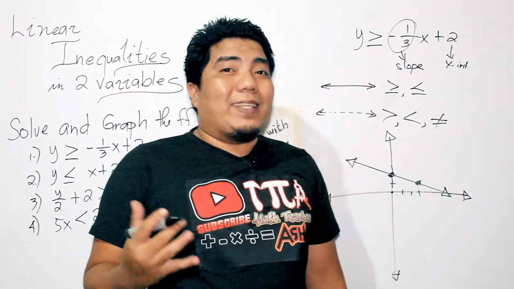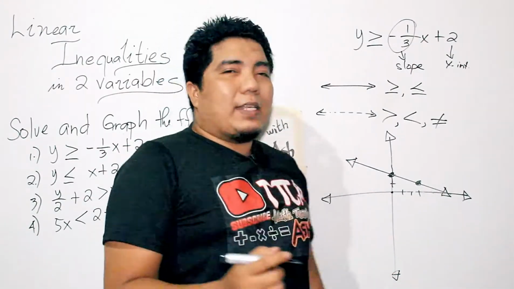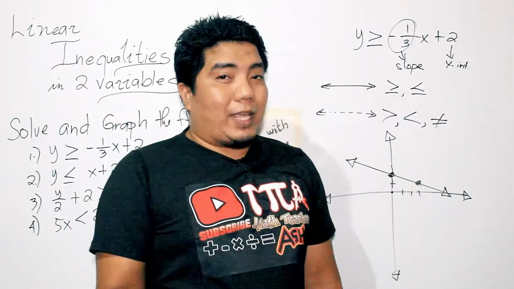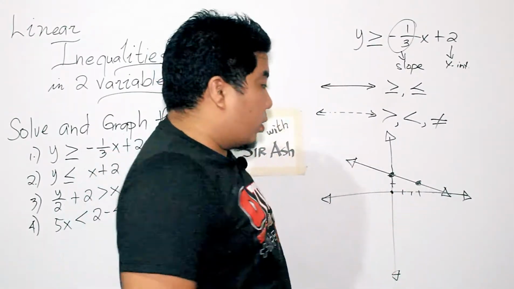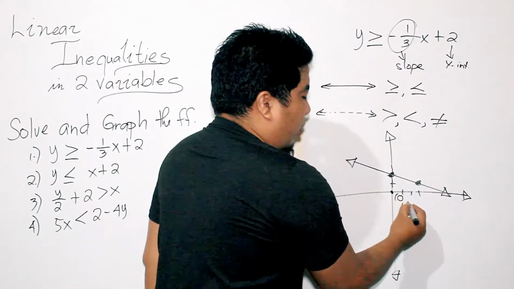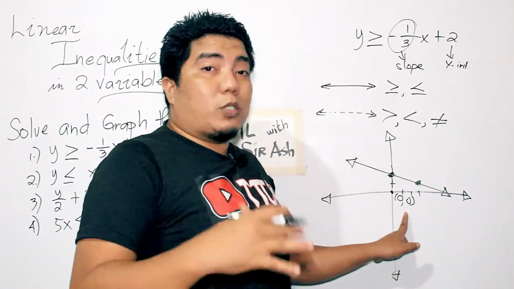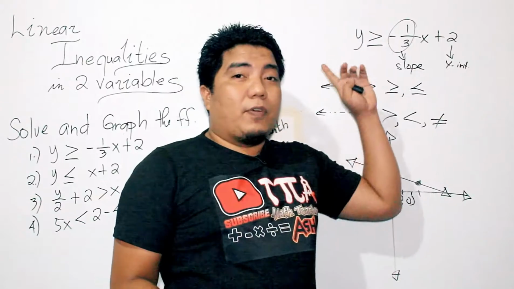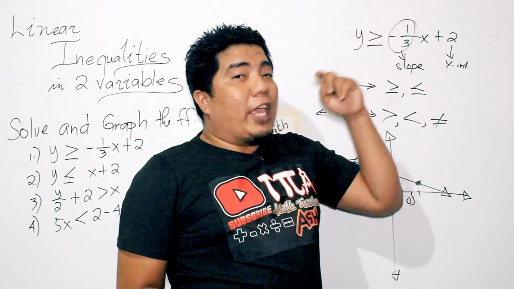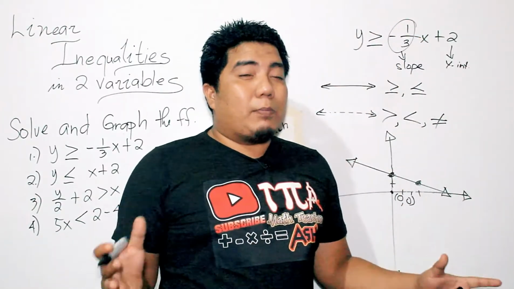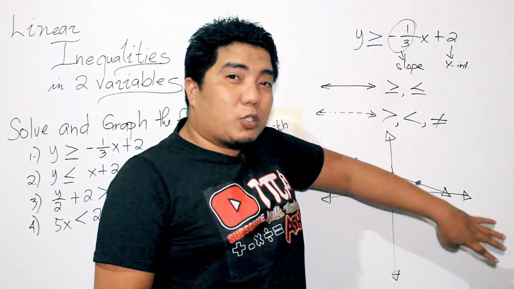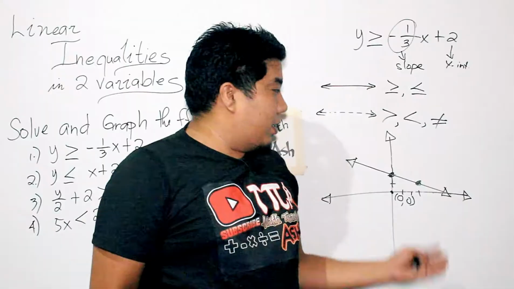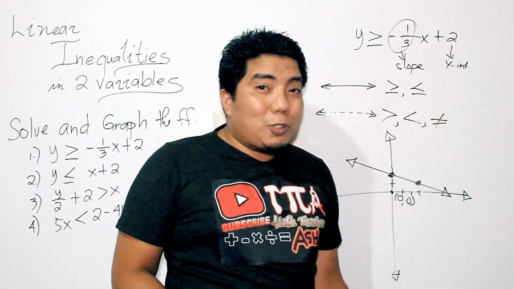So, how do I test this one? This is what we call the safest way to test. Since our origin is right here, I will test whether the point (0, 0) is a solution of this linear inequality. If the resulting statement is true, then this region is part of our solution. Otherwise, the other region will be our solution.